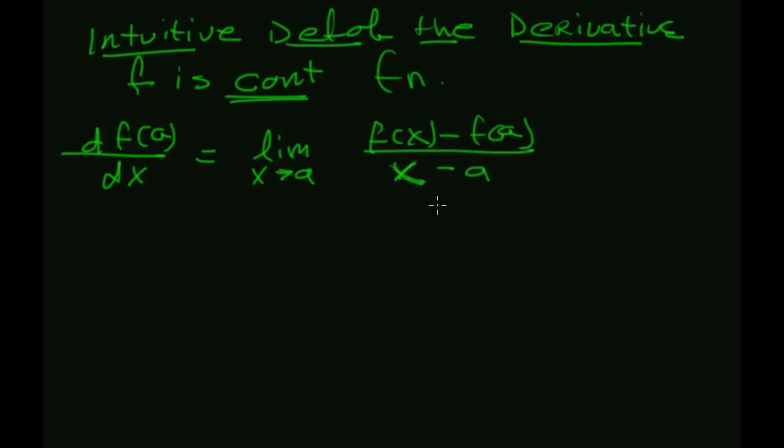So this is very much an intuitive definition. And this is actually a valid definition of the derivative. It's not the one that we most commonly use, but it's the one that makes the most intuitive sense. So to get to the other, more classical definition of the derivative, we make a change in variable.